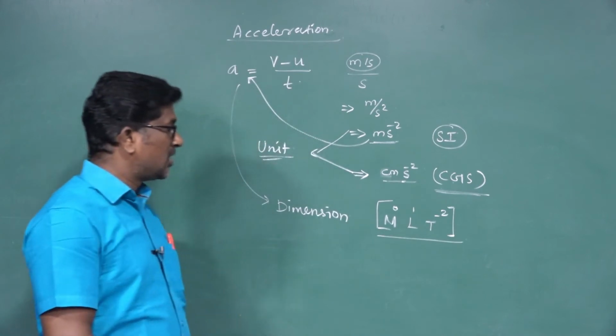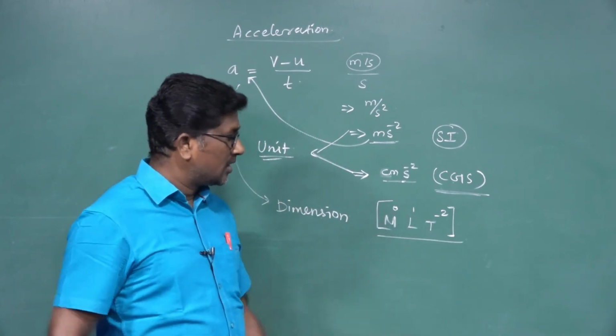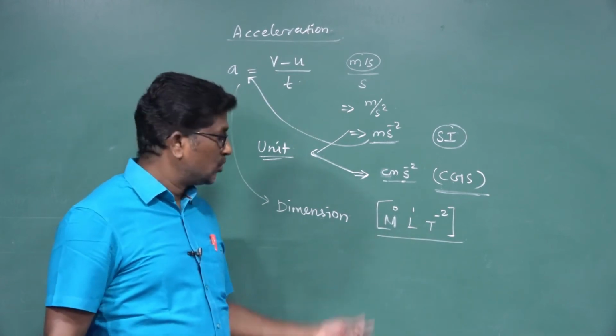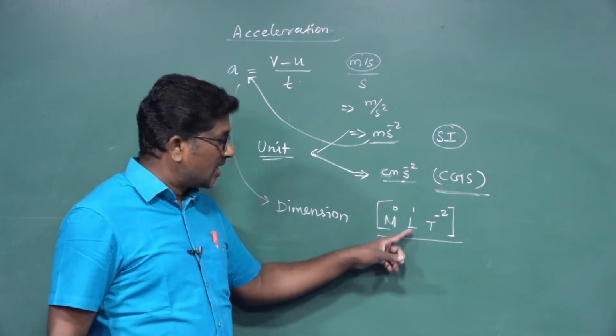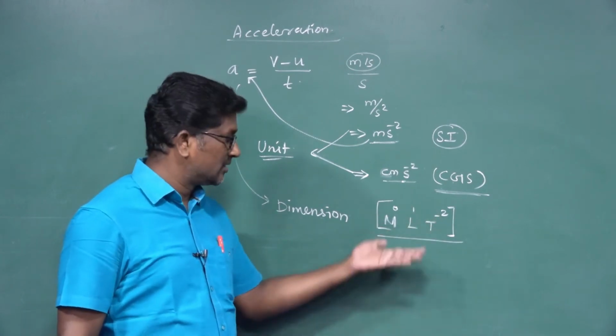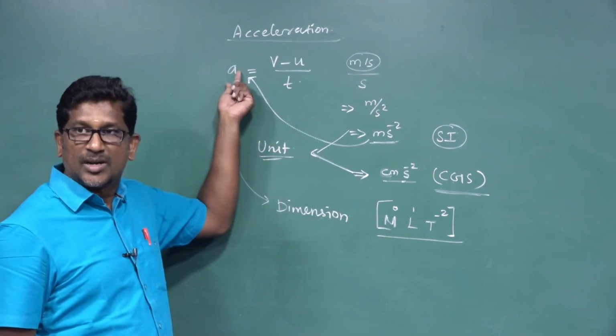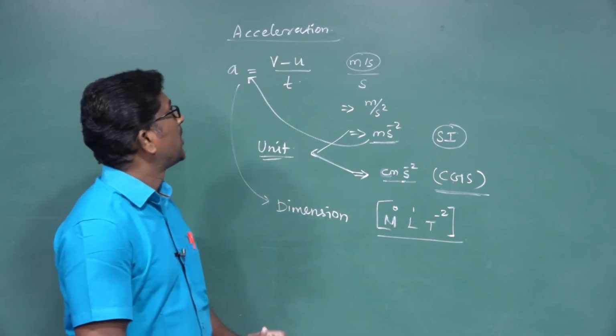Mass has no dimension, length has only 1 unit and time has minus 2 units. So this is the dimensional formula for acceleration.